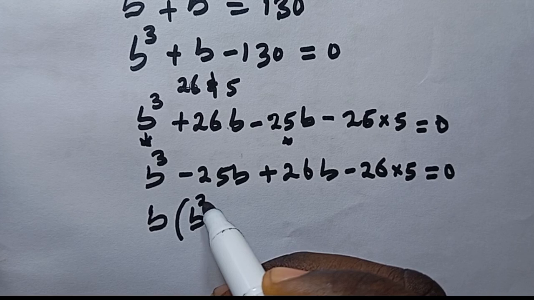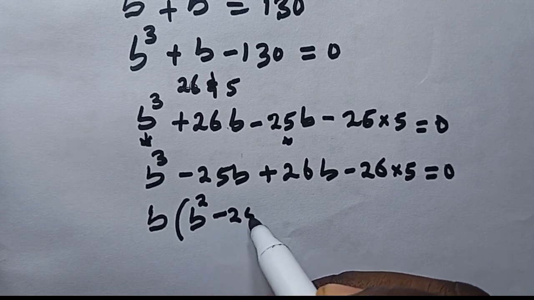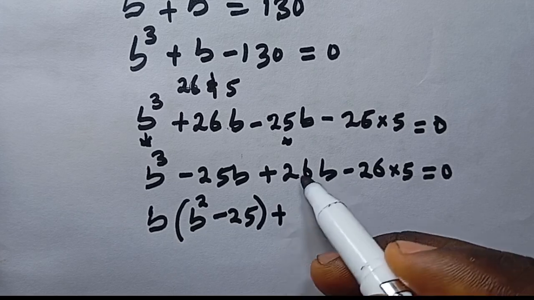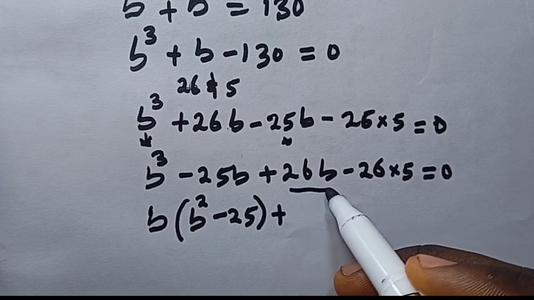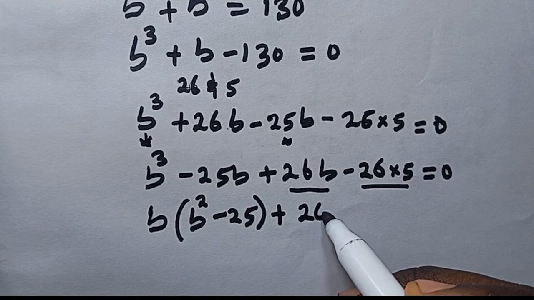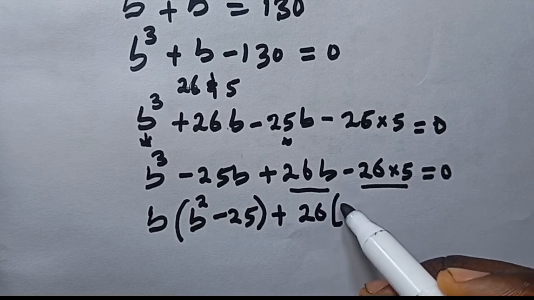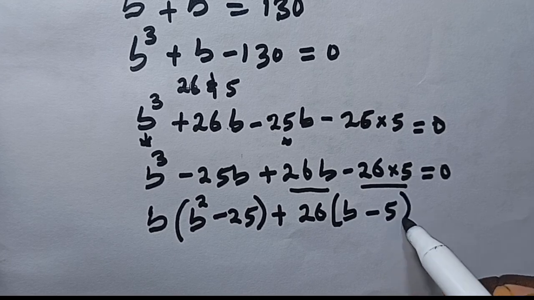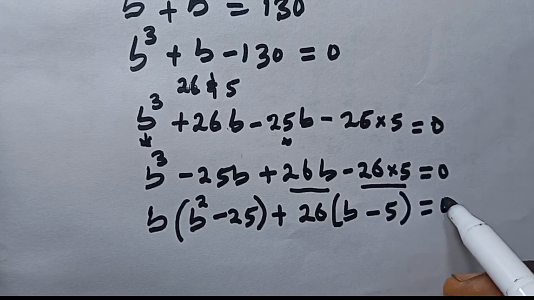So here, b^2 will remain, and then I'll have 25 left over here. At this point, 26 is common, so I will bring 26 out. b will be left here, and then 5 will be left on this side, and it's all equal to 0.